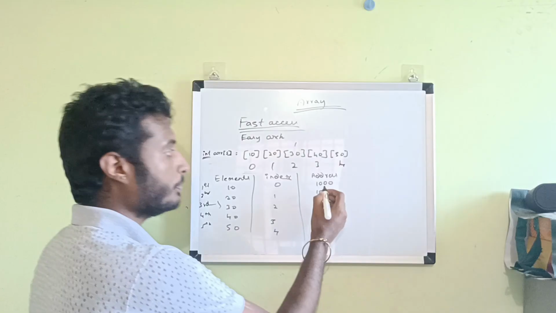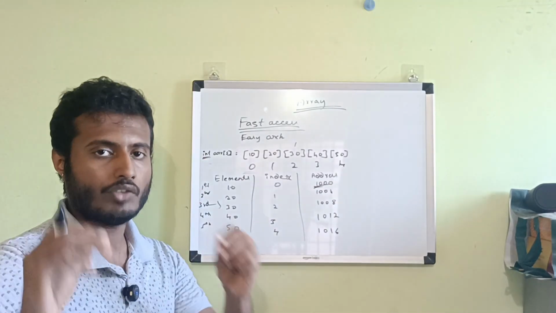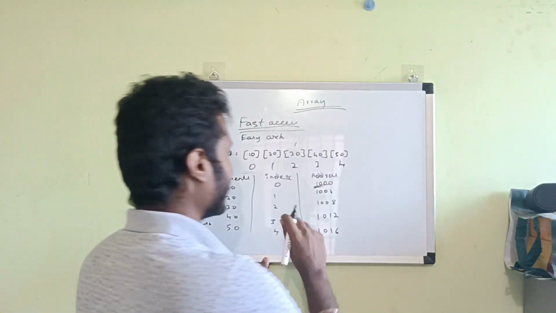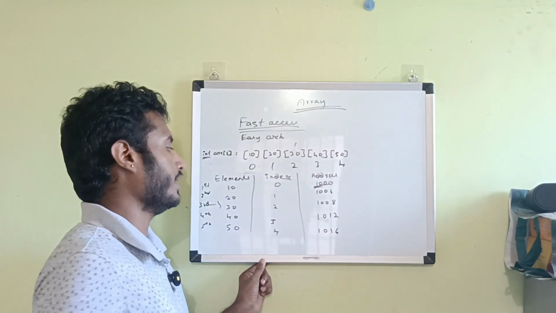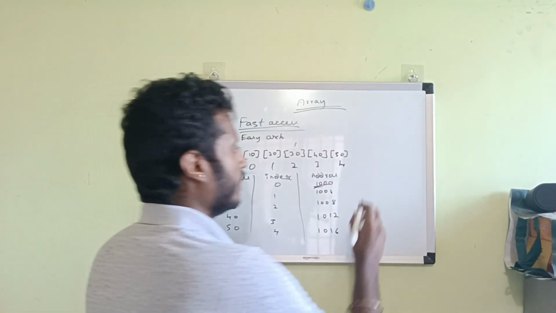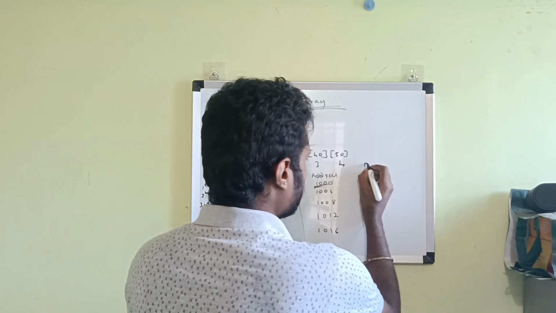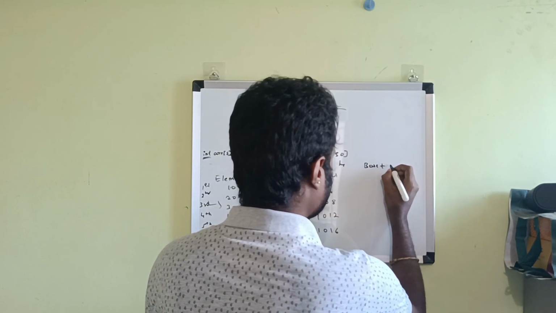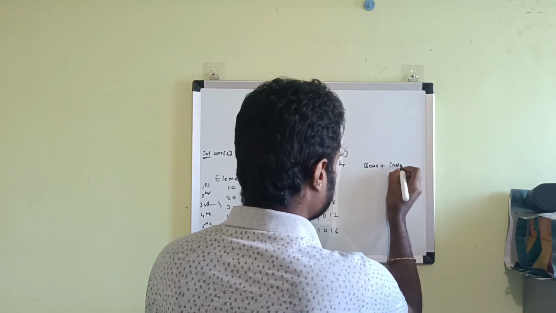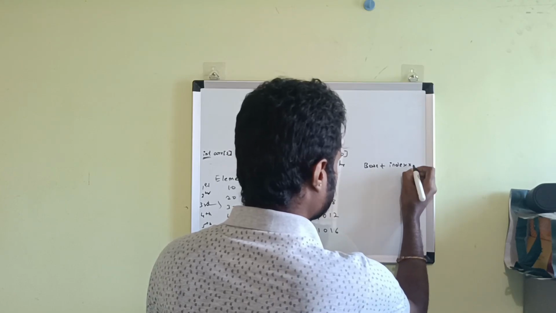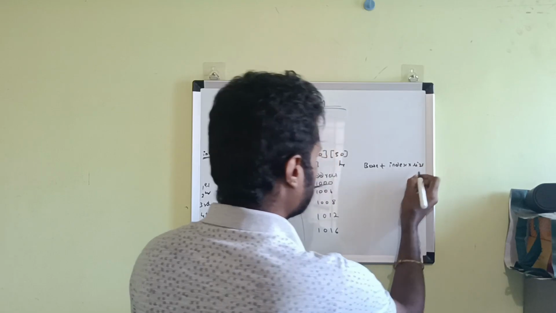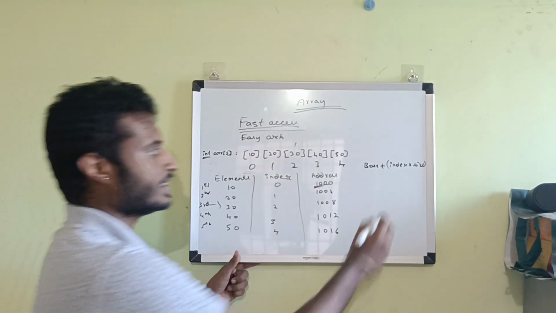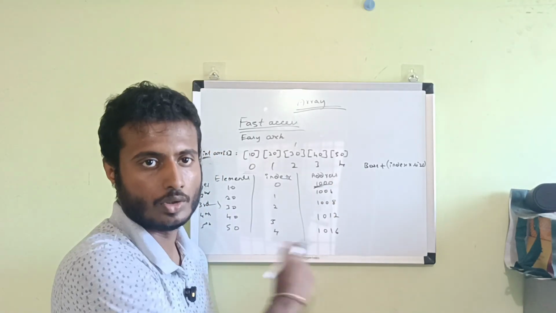We know the base address. We will always know the base address. So the formula to access the address of any element is base plus index times size, or size times index, whatever. Size here is 4, I have already told you, the byte size.